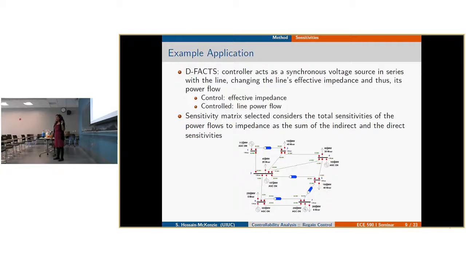I'm kind of skipping all the details here, but we calculated a sensitivity matrix that considers the total sensitivities of the power flows to the impedance as a sum of the indirect and direct sensitivities. Now that we have this sensitivity matrix, we're going to cluster and factorize upon it. And this is just an example of some DFACTS devices on our favorite 7-bus system.